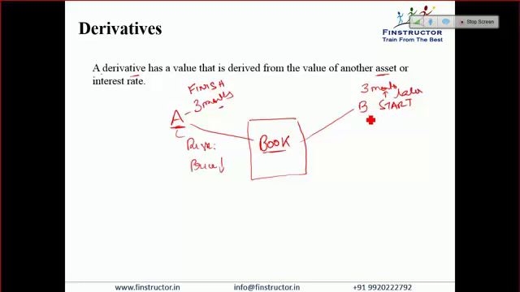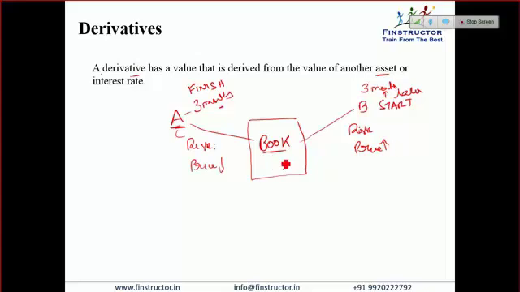Counterparty B wants to purchase the book 3 months later. What is the risk for counterparty B? The risk is that 3 months later, when he or she wants to purchase this book, the price of the book has actually gone up.